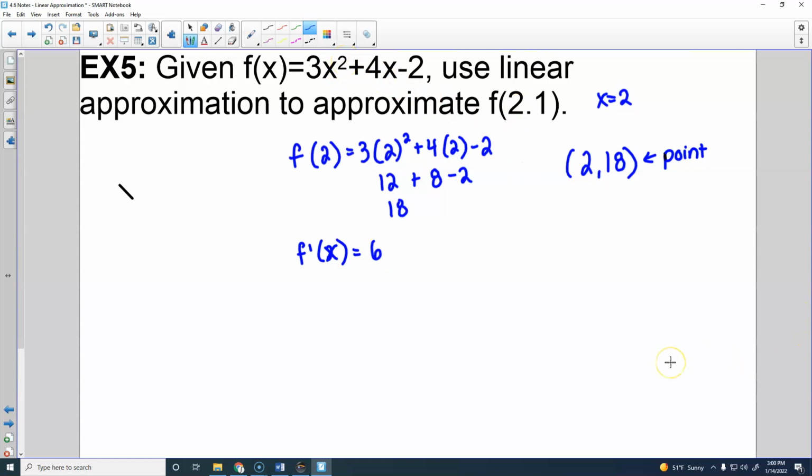Okay, 6x. Excellent. Plus 4. Amber's whispering 3 in my ear, and there's no 3. All right, that is the derivative. So we're going to plug in 2. 6 times 2 is 12, plus 4, which is 16. That's our slope.